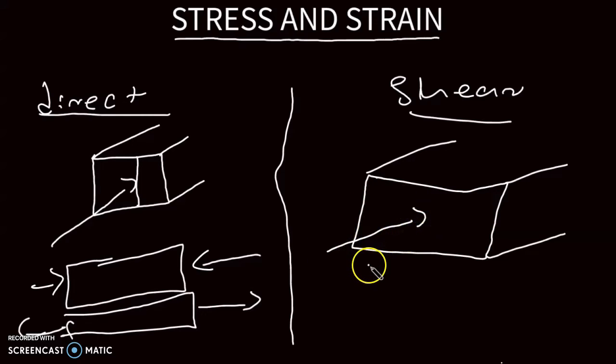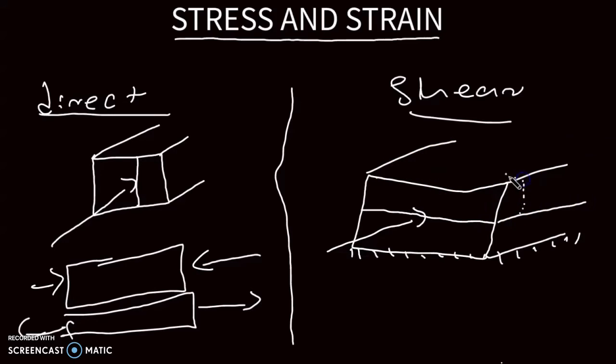by a direct force. But let's say now this plate or this object is fixed in the ground so that it is not moving. But the force that is applied is great in such a way that it causes the object to separate here, and this portion to move in that direction.